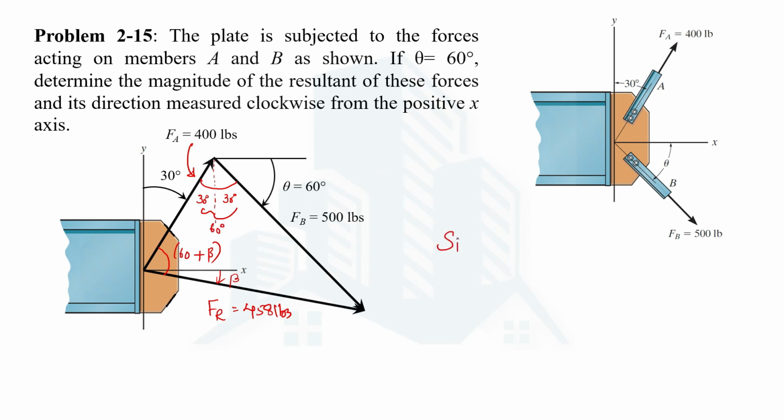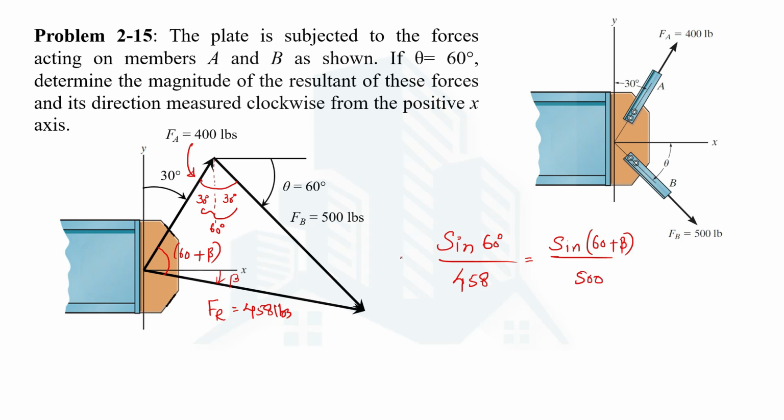Now, keep in mind we don't know this angle, so we are not going to use it, but we can use this angle, which is 60. Sine of 60 divided by the magnitude of the force opposite to this angle, which is Fr, that is 458, equals sine of the interior angle, 60 plus beta, divided by the magnitude of the opposite force, which is 500.